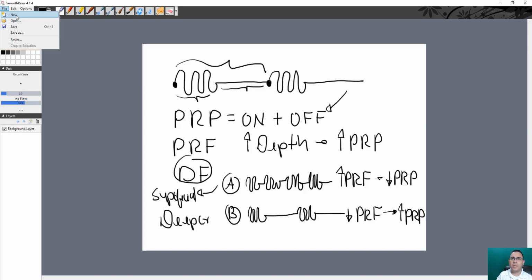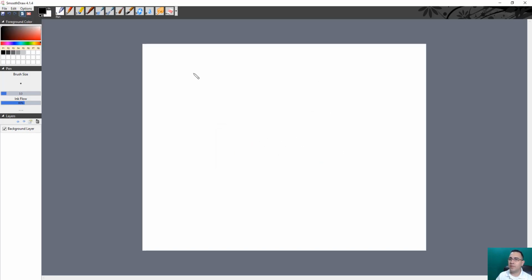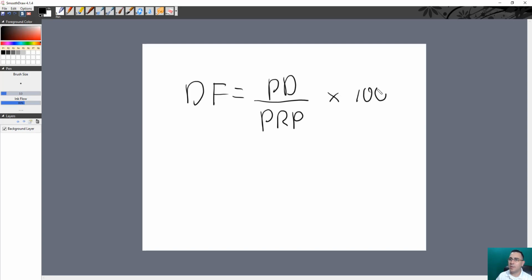So duty factor equals the pulse duration over the pulse repetition period times 100. And the duty factor in our system is pretty short. It's usually like 0.001 or 0.1%.